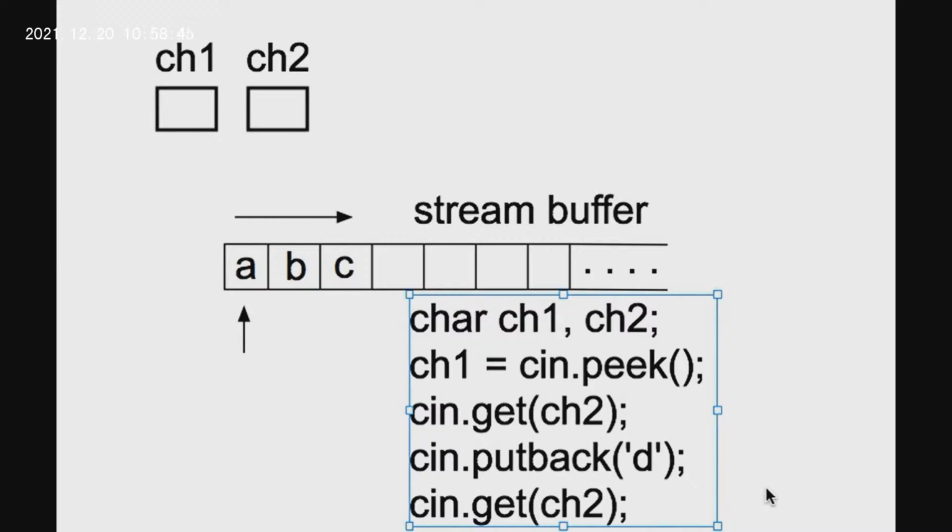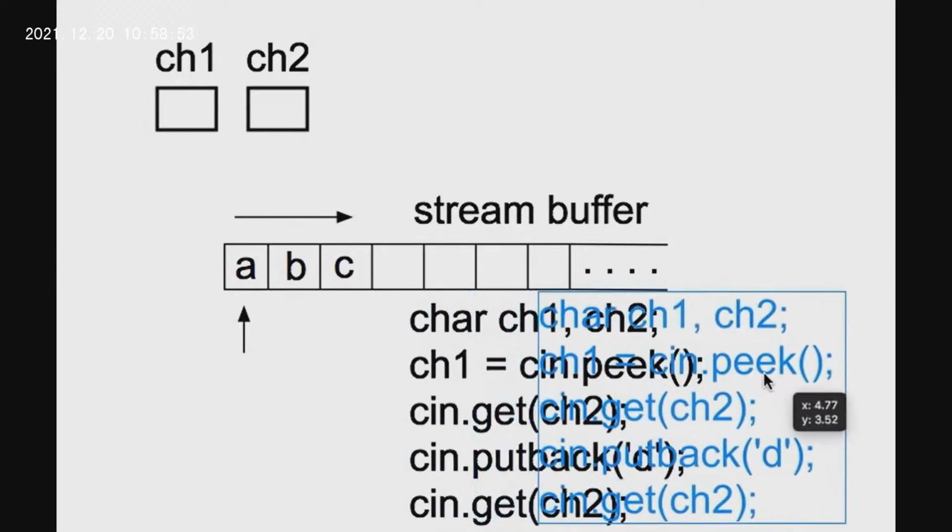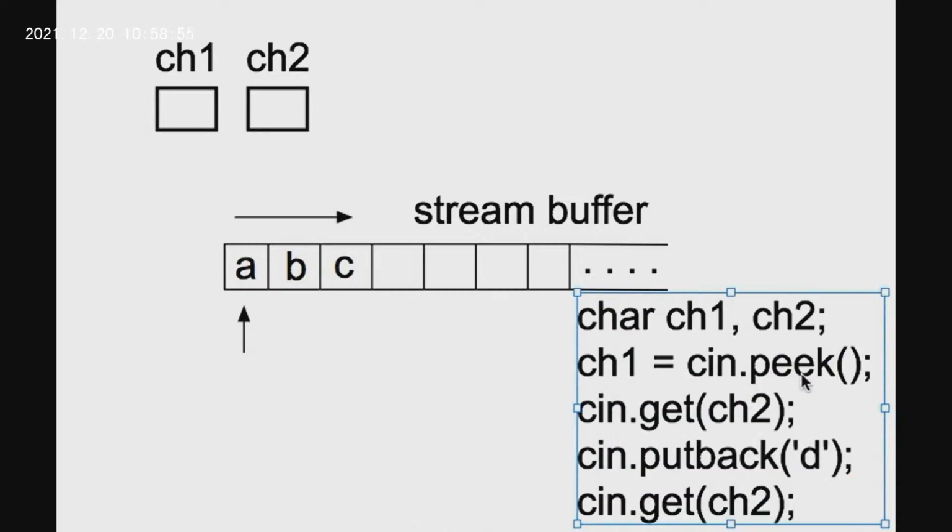We still set aside ch1 and ch2, but the first statement to be executed is cin.peek. Peek is very similar to get, except that it will not move the pointer over to read the next item, which is what we did with get.